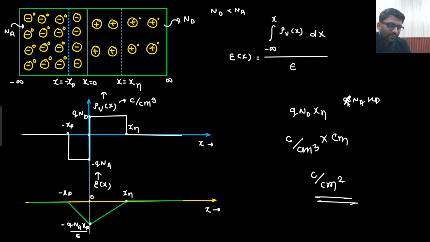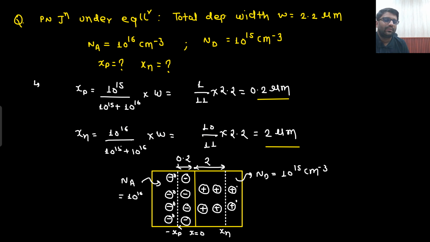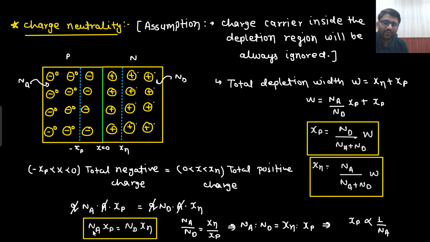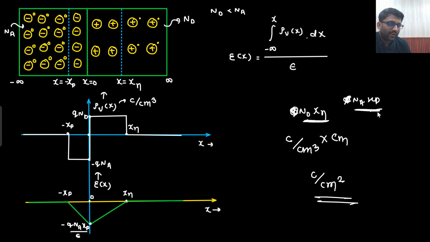If I forget about q, what do I know? Nd into xn would be equal to Na into xp only, no? Here only we derived that Na into xp is equal to Nd into xn, and both sides are multiplied with q. So whatever the total area that I get here, what will this area be? This area is qNa multiplied with xp.